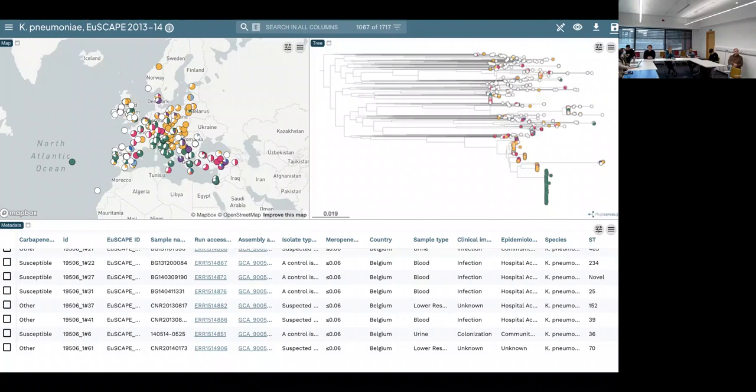Particularly if you're undergoing surgery or something like that, you could get a life-threatening wound infection from one of these bacteria. So with the genome sequencing, we're able to look at cases of these infections from all across Europe, see how they're related to each other, and whether there are any strains that appear to have sort of appeared suddenly and then spread rapidly. So they're really common and they're really widely disseminated across Europe.